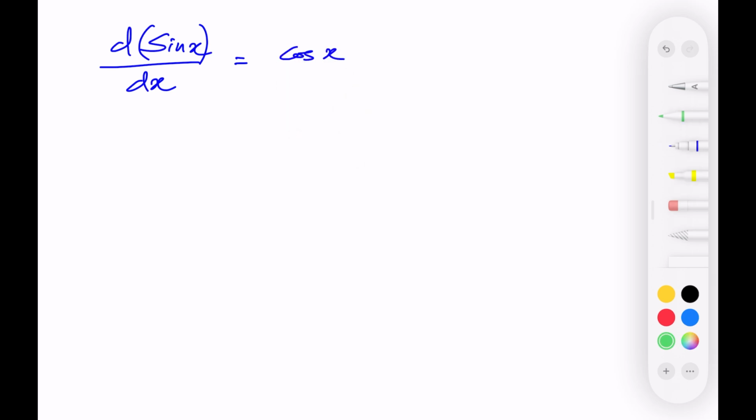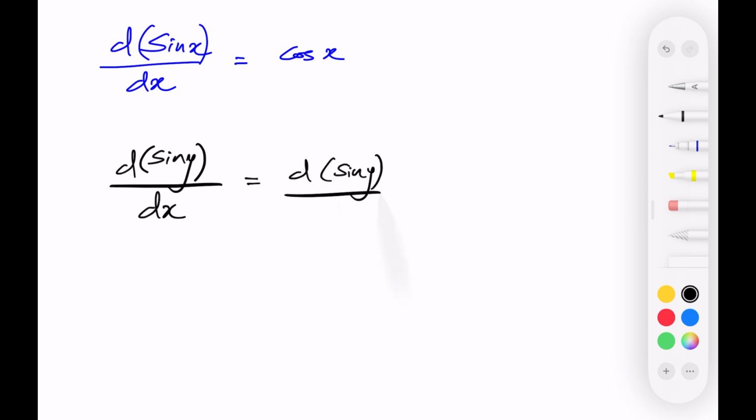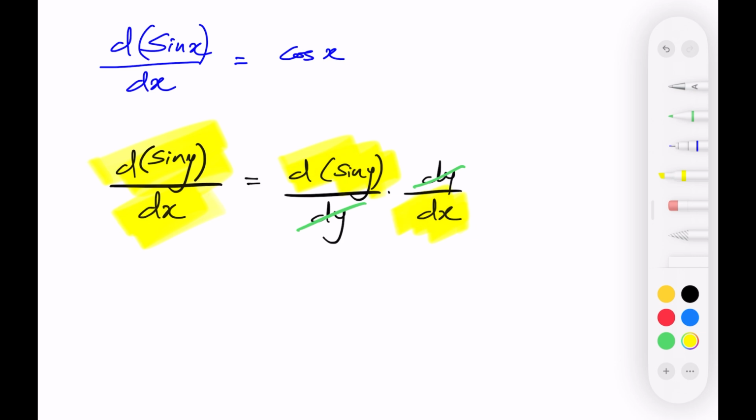Instead of that, if I would like to differentiate sine y with respect to x, d sine y over dx, I will first write it down as d sine y over dy times dy by dx, simply the chain rule, because by cancelling off the dy's like that, I have gotten the exact same d sine y over dx on the right hand side as well. Therefore, I haven't changed the question given.